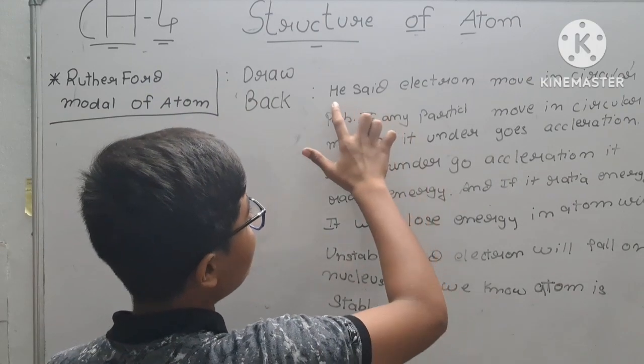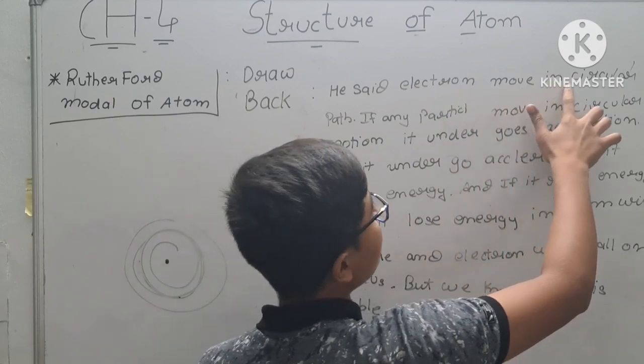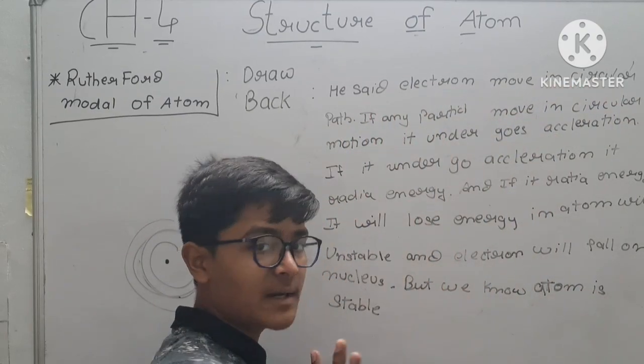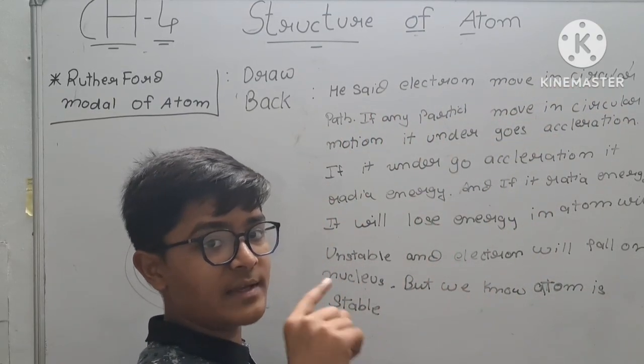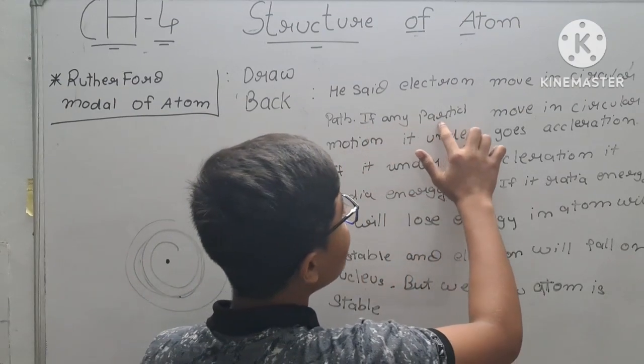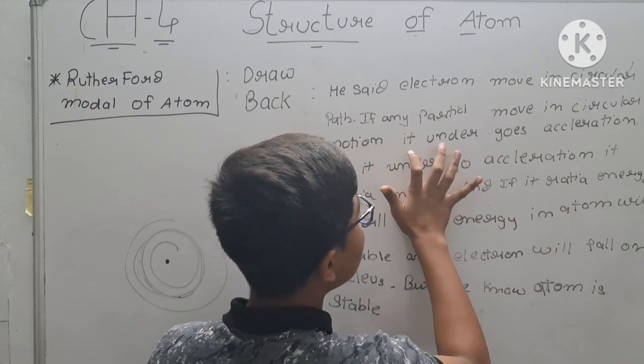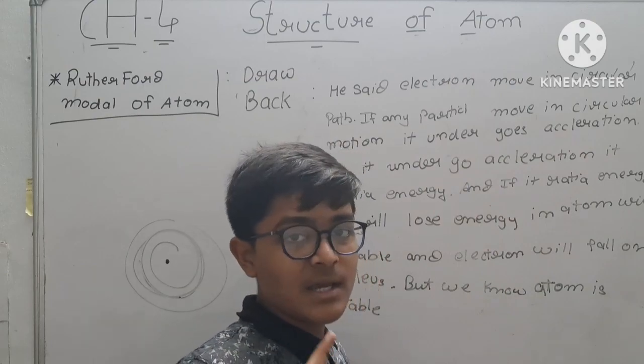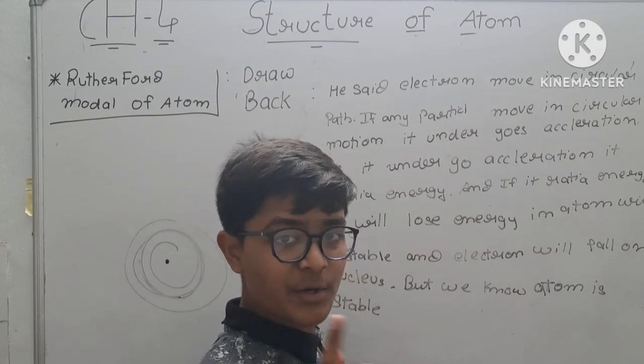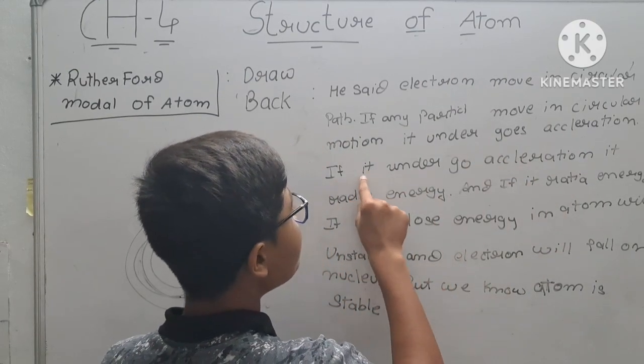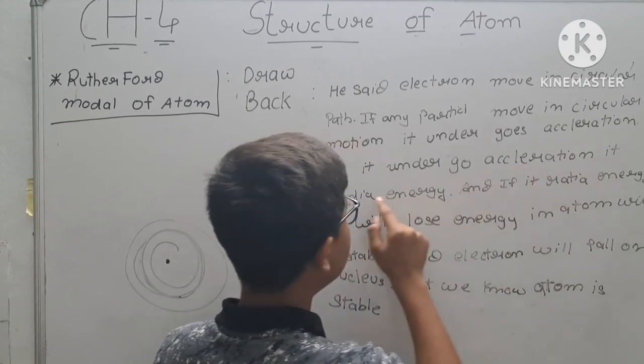So let's see the definition first of all. He said electrons move in a circular path. That means electrons are moving in a circular path. If any particle moves in circular motion, it undergoes acceleration. If it undergoes acceleration, it radiates energy.